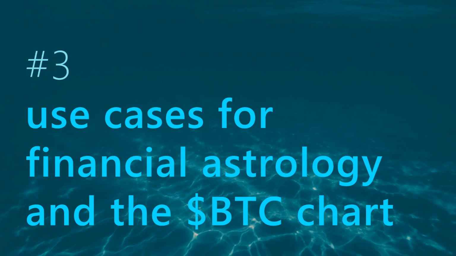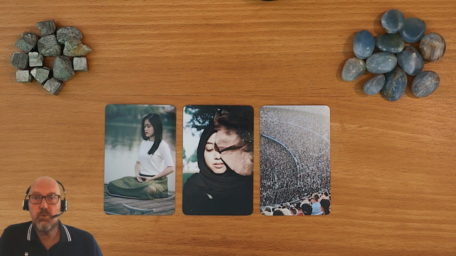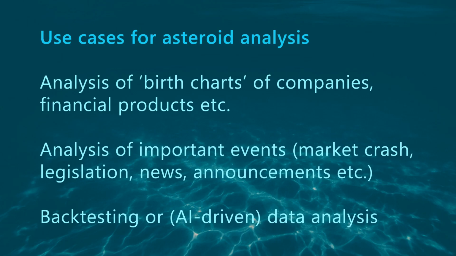I want to repeat very quickly the most important use cases of asteroids in financial astrology. And in my opinion, the number one use case is when you have various candidates for an official birth chart of a product, of a company, of whatever it is that you want to make a birth chart of.